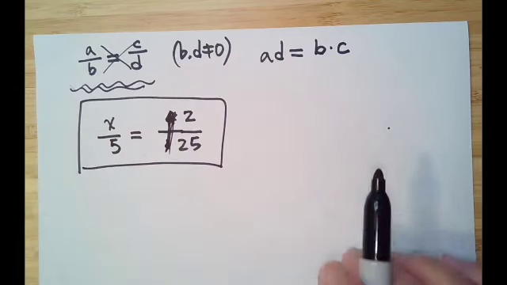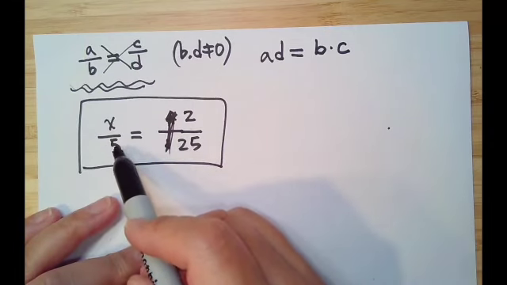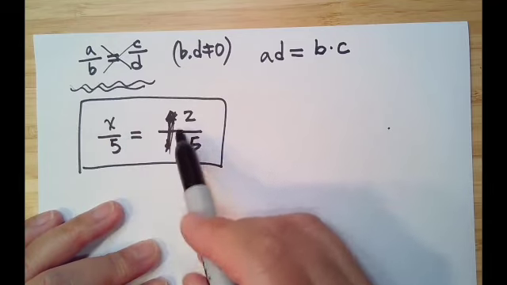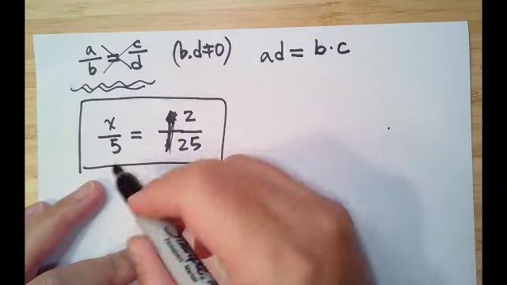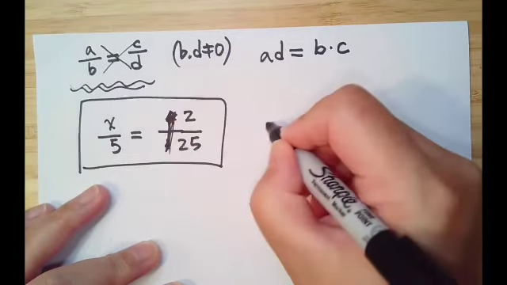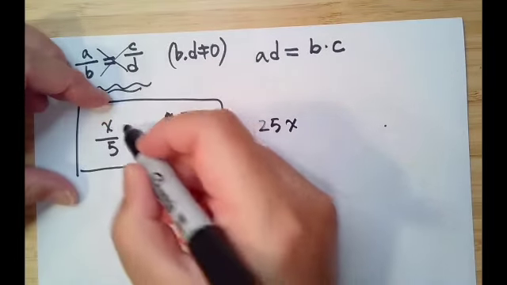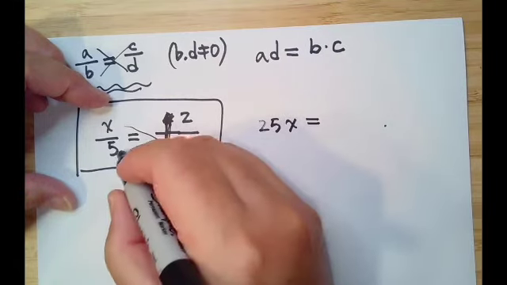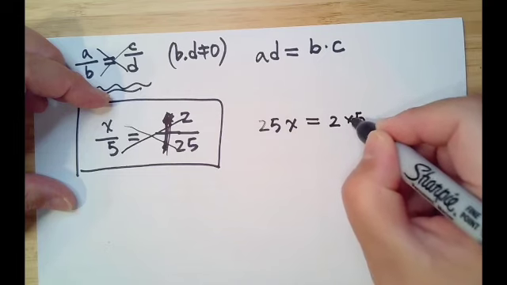Now how do you solve for this? If you have a ratio, a fraction, they're the same. If you write them in this format, use the cross product. So that means 25 times x should be the same as 2 times 5.